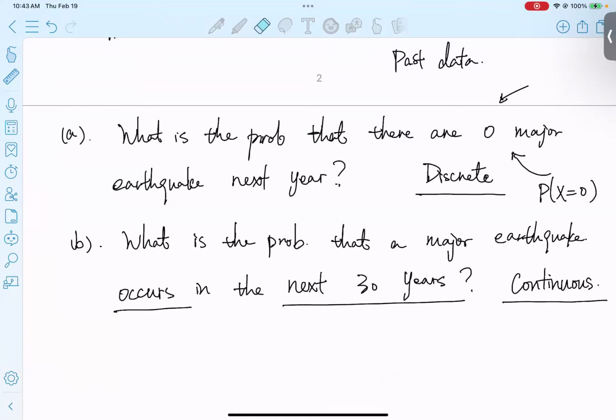Professor, by that same reasoning, wouldn't A also be a continuous case, because it's asking within a given time frame? It's not asking at a specific given moment.